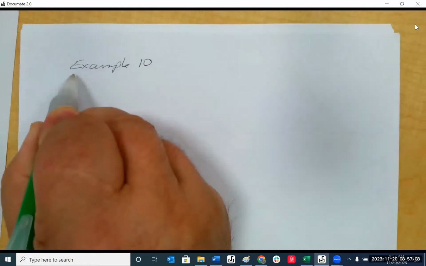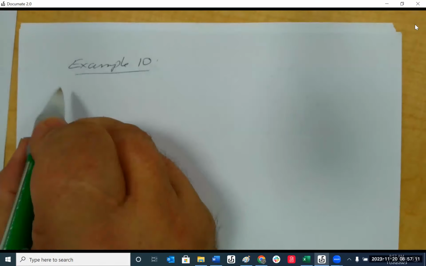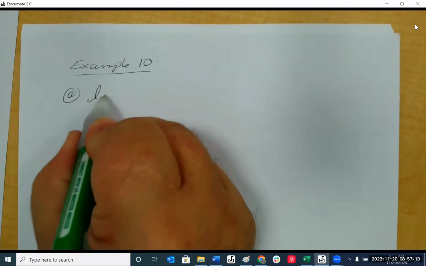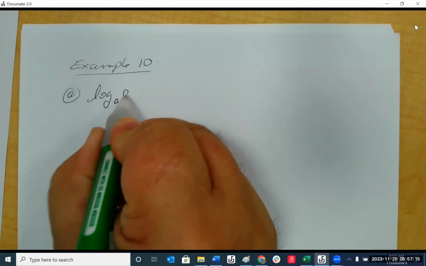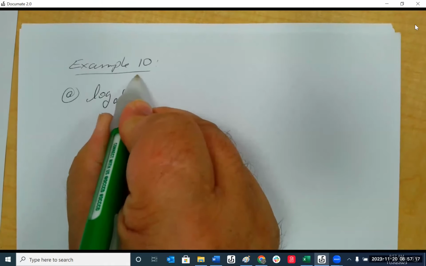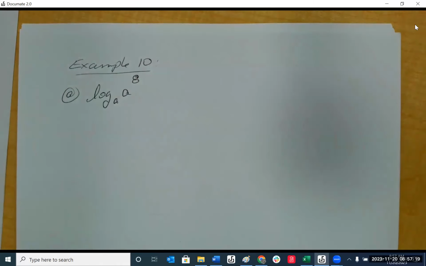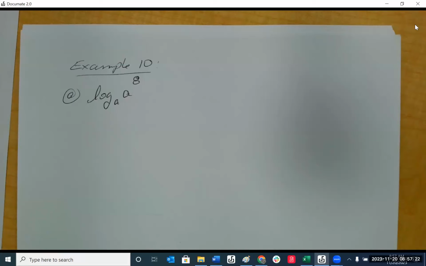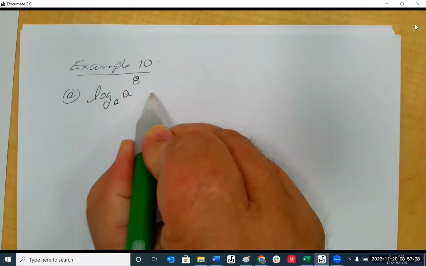Example 10. Log base A of A to the 8th. What's the answer?